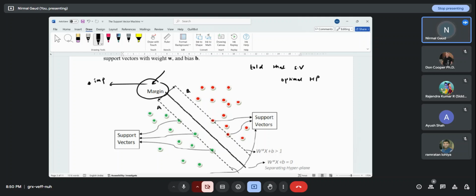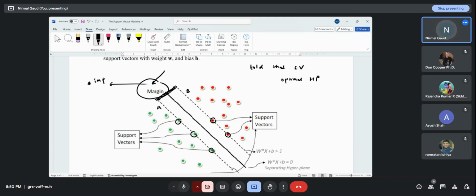So the distance between the boundaries is called the margin. Remember, this is margin. Okay, distance between class boundaries. And the support vectors are present on the class boundaries. Here are support vectors present.